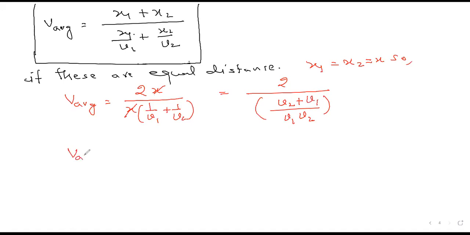So v average will be equal to 2 v1 v2 upon v1 plus v2.